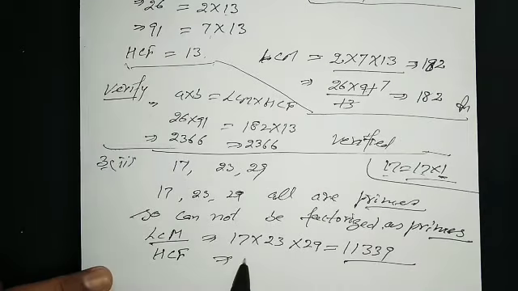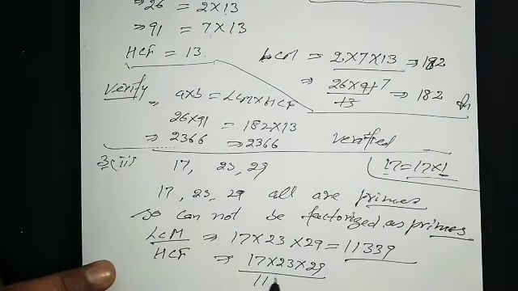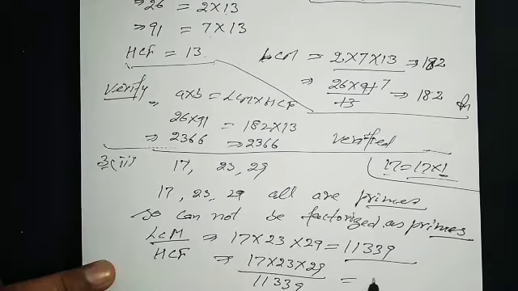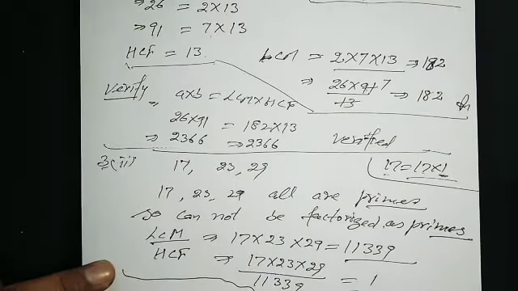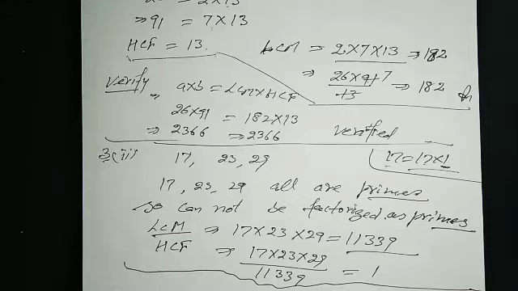You can find HCF by that way, multiply the numbers and divide by LCM, that is 11339, and you will get 1. So nothing is common because all are primes, and prime numbers have nothing common except 1. As you know, 1 is not prime, but 1 is a number, so only 1 is the common number in this.